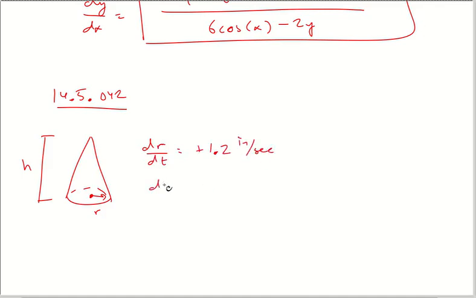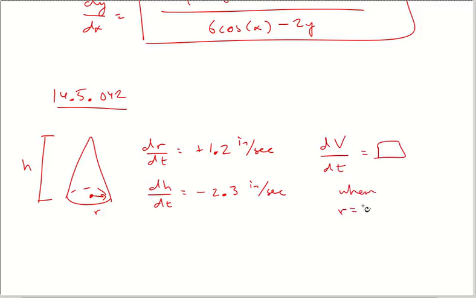And my dh dt is equal to a negative 2.3 inches per second. And they want to know what dv dt is. Like that. When, little extra here, when r is equal to 150 inches and my h is equal to 190 inches.